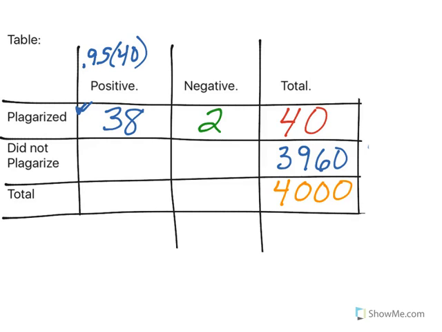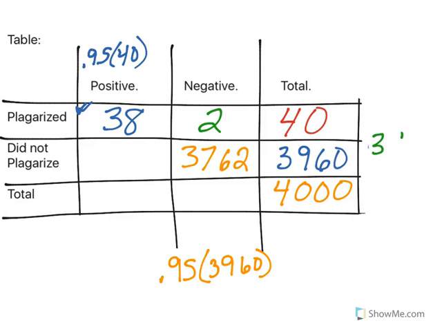Okay, now let's go for my did not plagiarize. If you did not plagiarize, you would expect to test negative, because you didn't cheat. So, in my orange box, 95% of my 3,960 students would expect to test negative because we have a 95% accuracy rate. So 0.95 times 3,960 gives me 3,762.